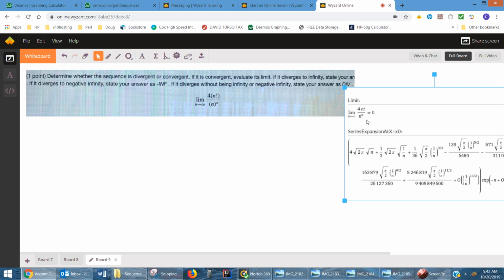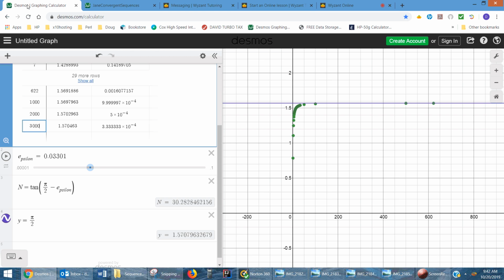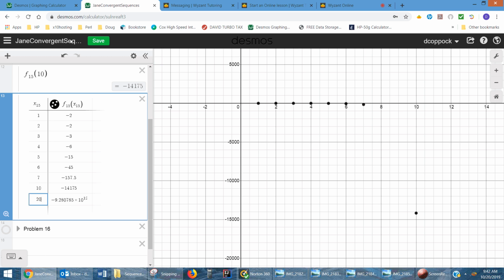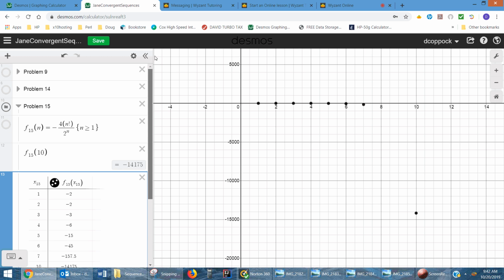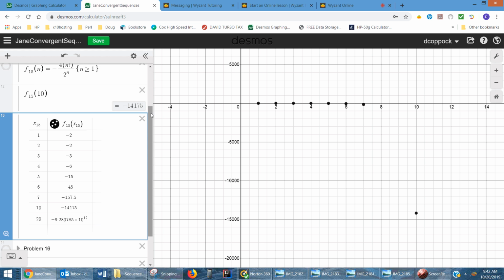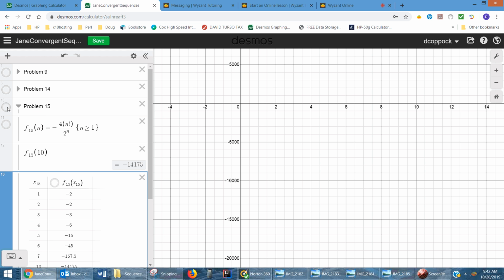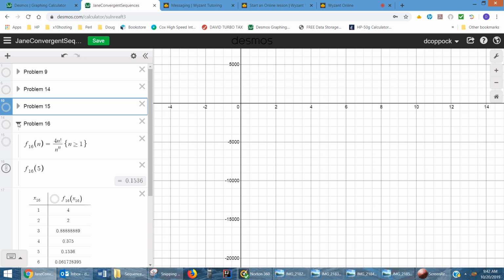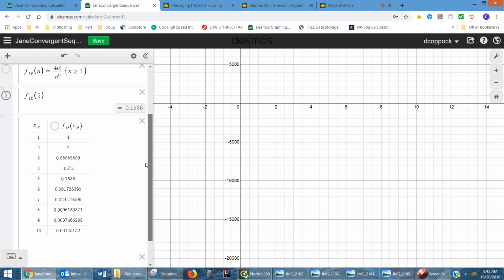So the sequence does not diverge. It converges to 0. Let's see if Desmos agrees. Okay, problem number 16. There's 4n factorial over n to the nth.